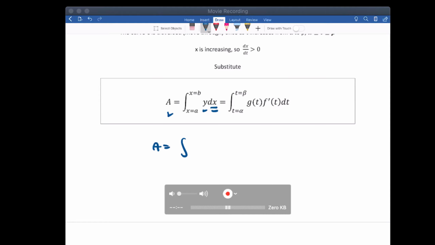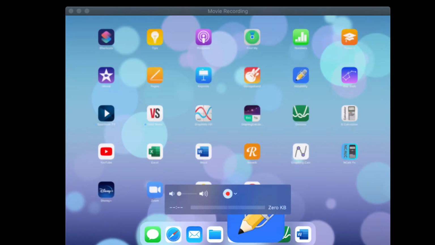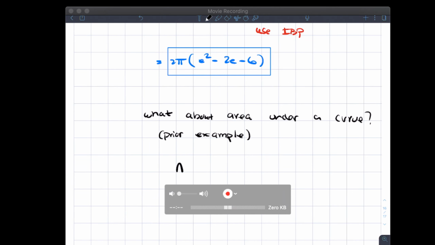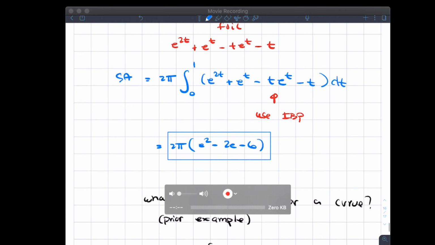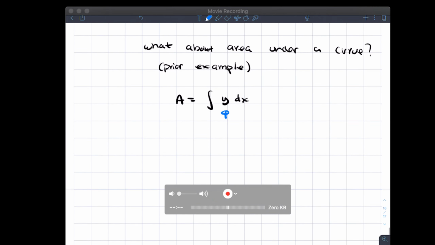Instead of using y, well, what was y? Let's write it down on the iPad. My area will be the integral y dx. So y here, we say, what's y? Well, y was defined, remember, as 4e to the t over 2. Now, what about dx? Well, I have to find what dx is.